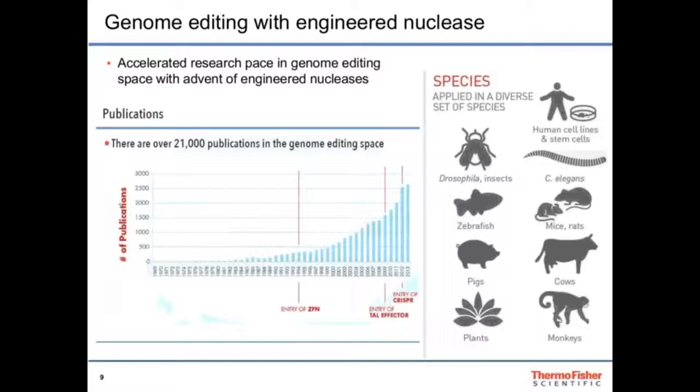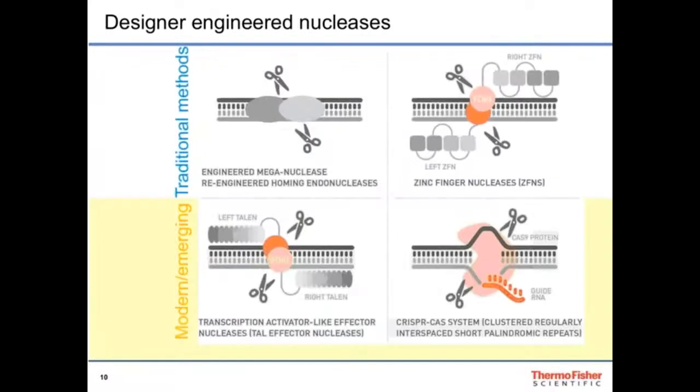I don't know if there are many or any organisms where these have been tried that they definitely don't work. Again, the focus for us is mammalian cells. We'd like to do work on generating stem cell disease models, and we're also working in bioproduction.